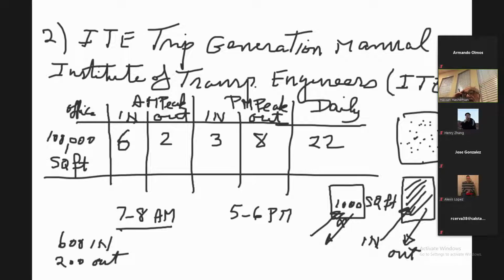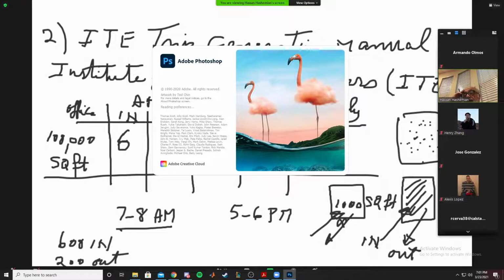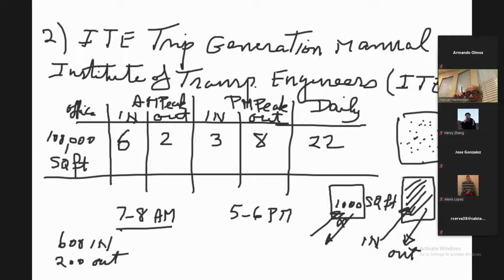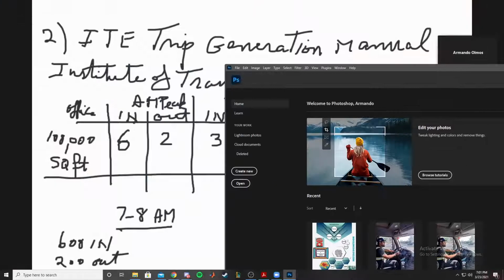Remember, I mentioned that we use this for the traffic impact report. You cannot develop any land unless you write a traffic impact report. And for those traffic impact reports, the first step is to find the number of trips produced or attracted.